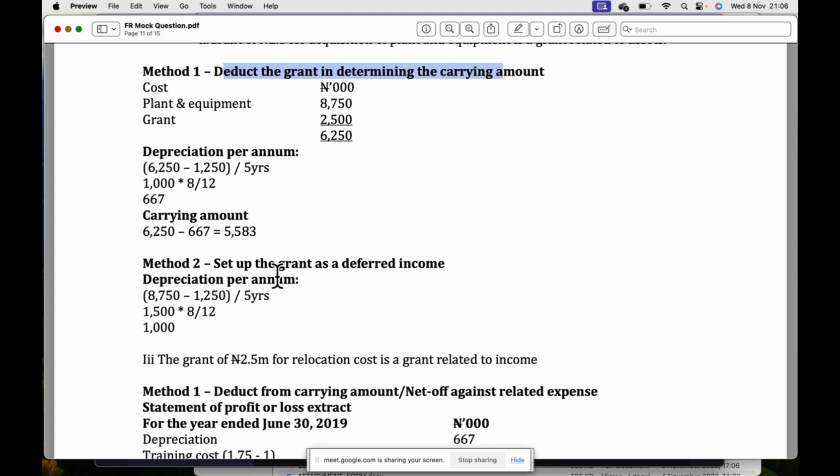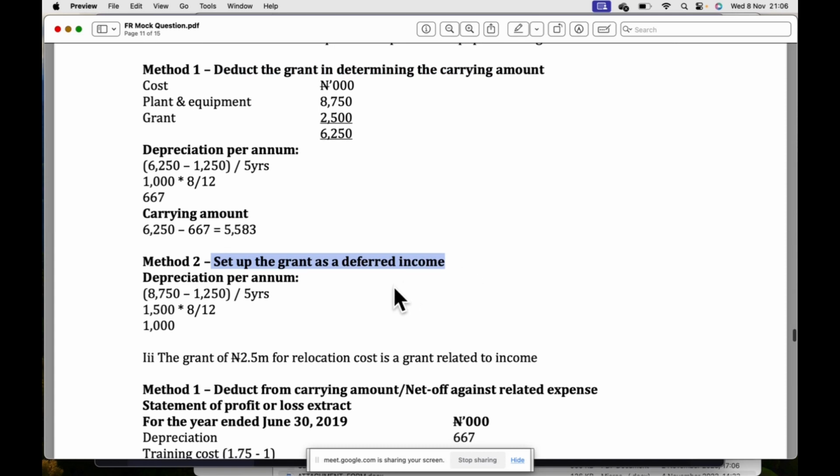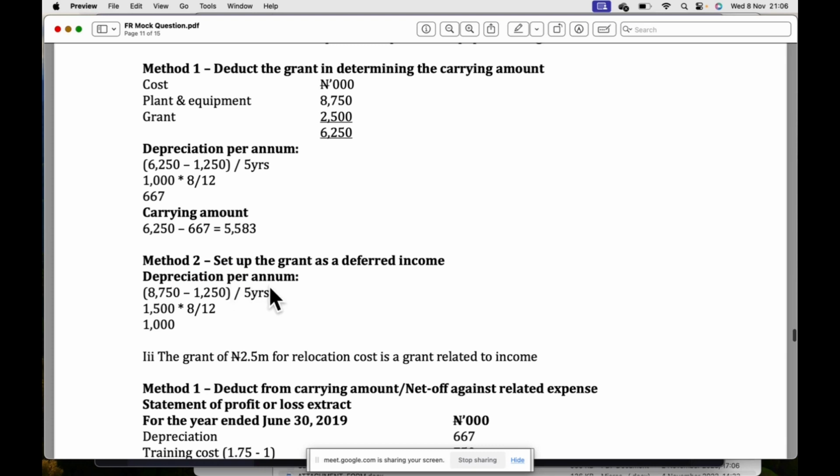Method two is that you set up the grant as deferred income. That means we will recognize the grant of 2,500. We will recognize a portion this year and the remaining is going to be deferred. However, my depreciation is going to be based on 8,750 because I'm not deducting the grant from cost in this method.